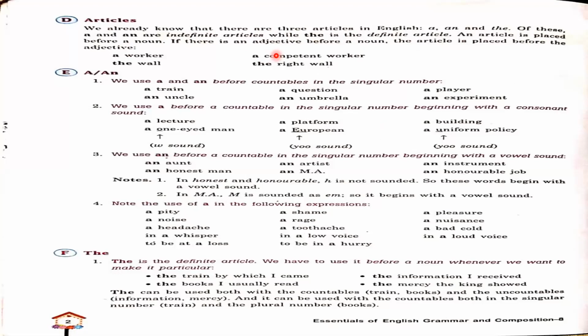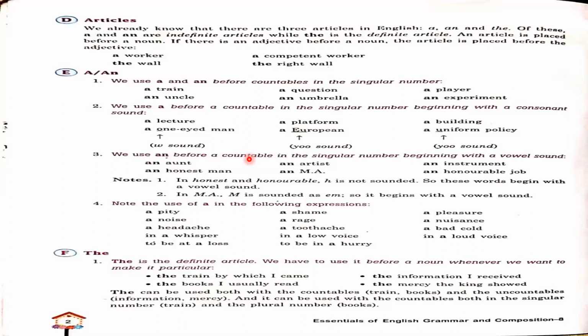So first of all, the basic thing I will let you know, and all these rules are given there. We have already studied the rules, but in today's class we will basically practice articles.